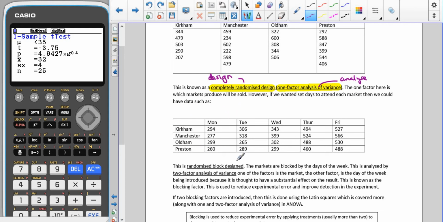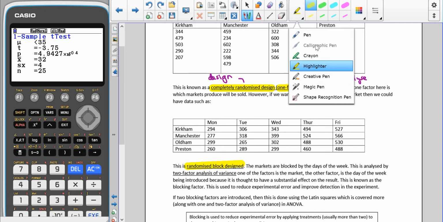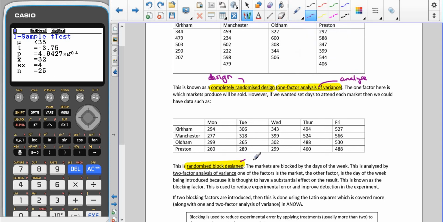Once we have added this blocking factor of the days of the week, this is now what we call a randomized block design. And again, this is the experimental design that is being used.